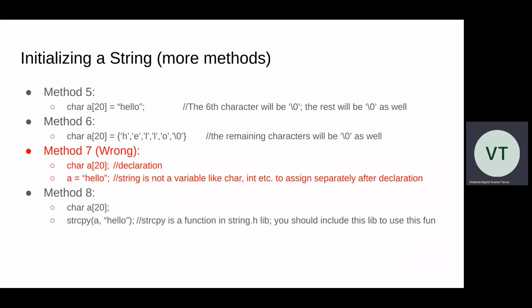During declaration itself, you can initialize in the same line. Or if you are doing it in a separate line, you have to do it element by element. You cannot write a equal to hello like this. This will not work in C. If you want to copy the string hello into a, you have to use a function called string copy. We'll look at some of these functions today.